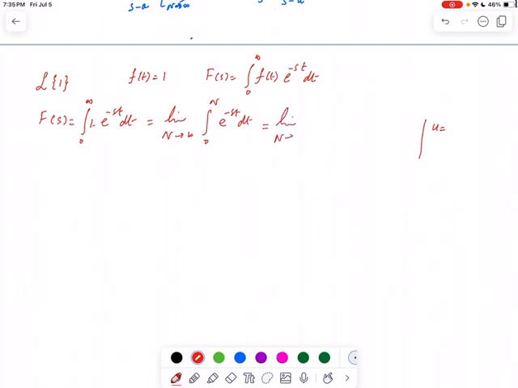I will do it directly. It gives me minus 1 over s times e to the negative st. Now I plug in the integration limits. Negative 1 over s.